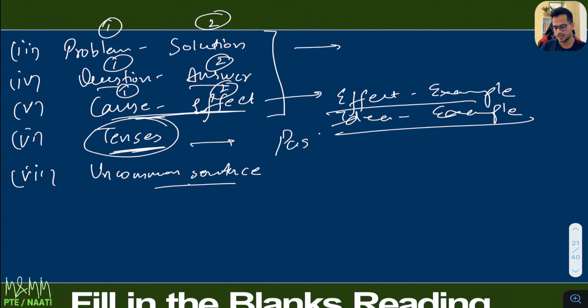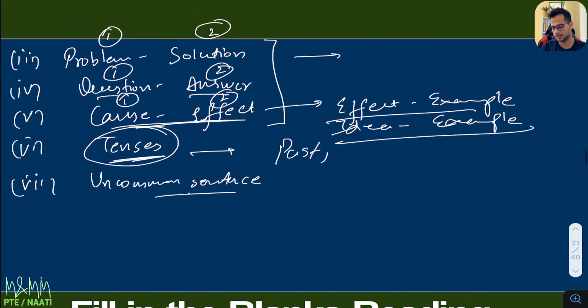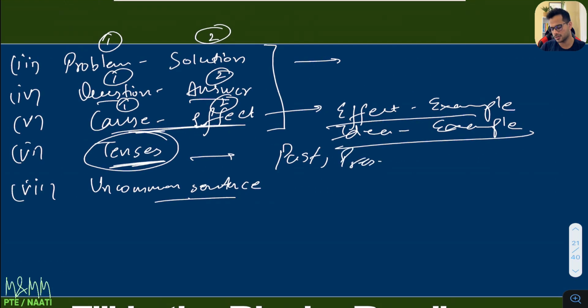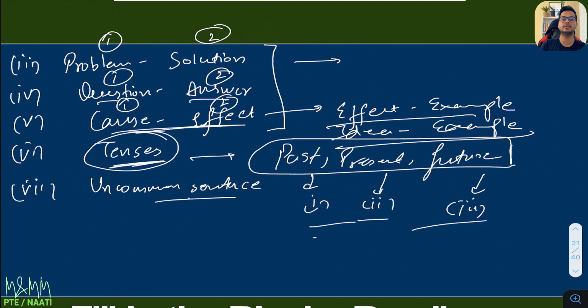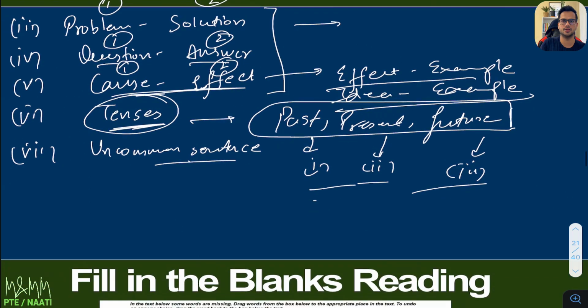Afterwards, we have tenses. Now we all know we have got three tenses: past, present, and future. Like the name says, past will always come first, followed by present, and followed by future. So always remember this sequence: past, present, and future. Something happened in the past, something happening now, and something will happen in the future.